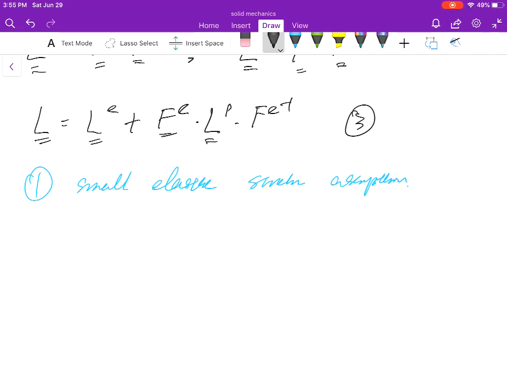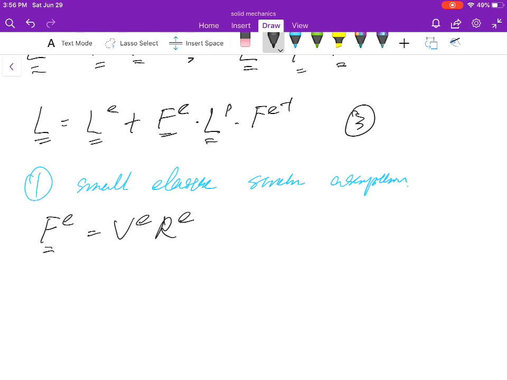Okay, so another thing to recall is that we have polar decomposition, and here we use left polar decomposition for Fe, the elastic part of the deformation gradient tensor. We write it as Ve and Re.